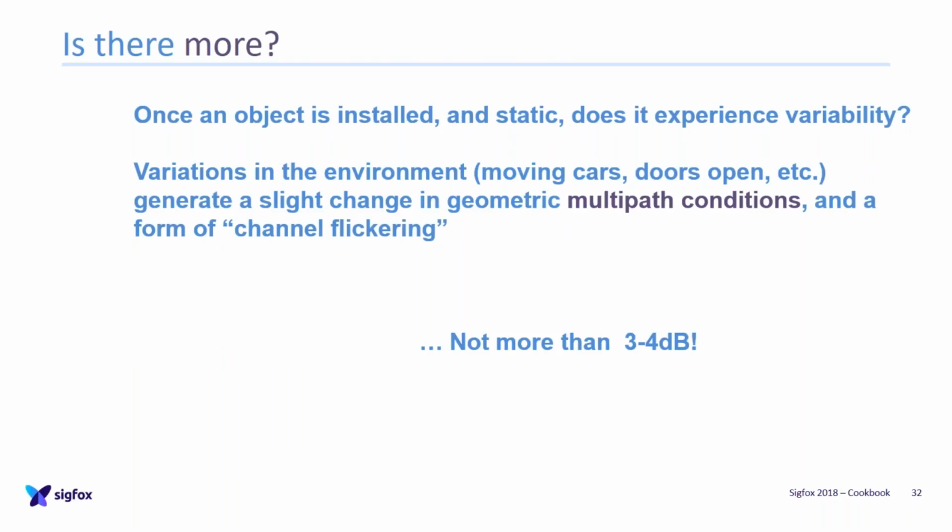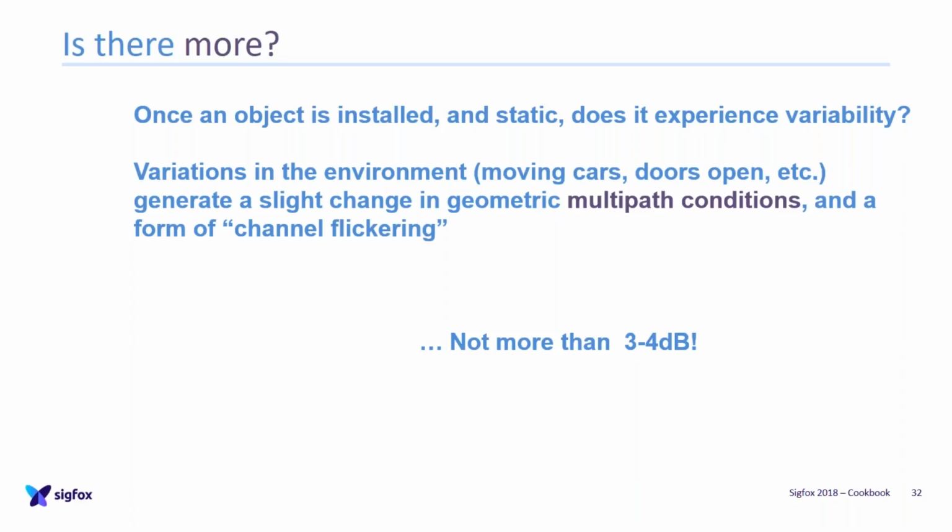It's a lot of statistics, because the deterministic part of radio is so complex that we usually express it in statistics. So once an object is installed and static, you should not experience residual variability. What you will see is that the environment around your object, the cars in the streets, the doors in a building, the windows open or closed, is going to generate small variations in the geometric multipath conditions.